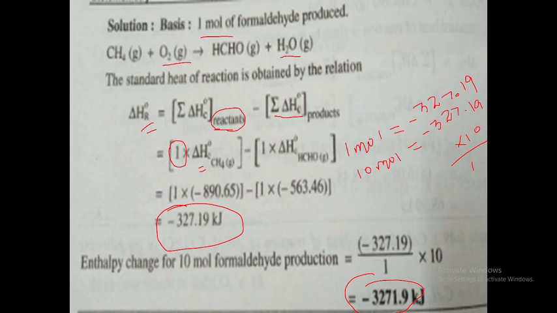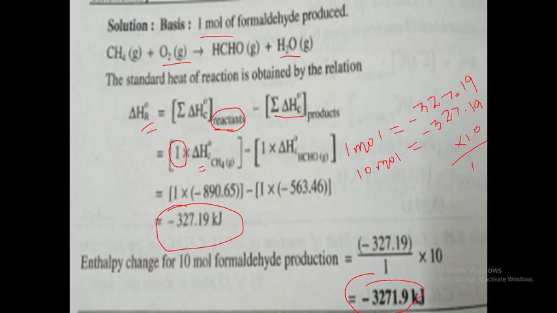Okay. So as per the problem, 1 mole is equal to minus 327.19. Are you clear or not? Okay. So this is the standard heat of reaction value. As per the problem, 10 mole of formaldehyde produced, so what about the standard heat of reaction value?